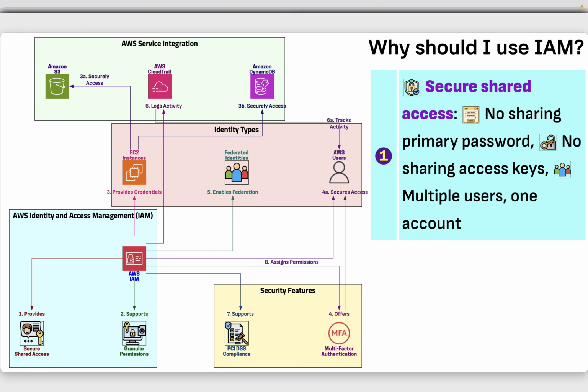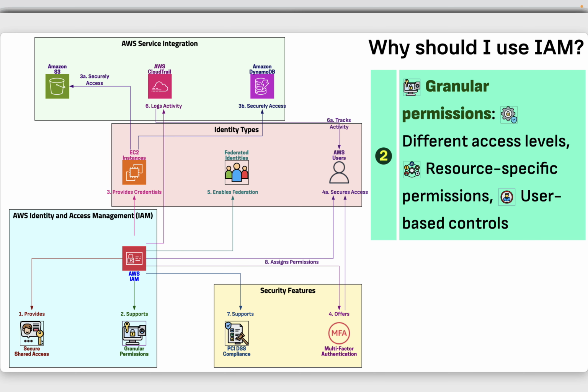So why should I use IAM? It enables secure shared access to your AWS account resources without sharing your primary password or access keys. It allows assigning granular permissions, giving different users varying levels of access to specific AWS resources.